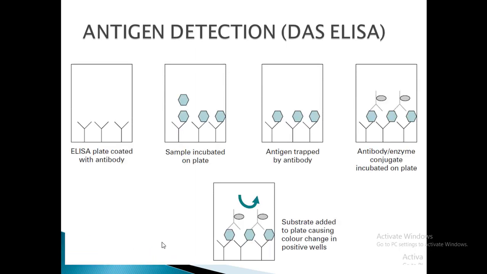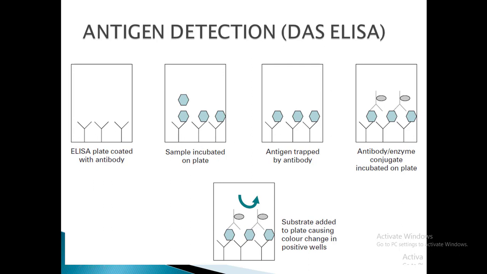Now if you can see this, here the place where the reaction occurs is a plate or a well. Now in this technique, DAS ELISA, you already have an antibody coated well or ELISA plate available. Now to this we will apply the serum which contains the antigen of interest.